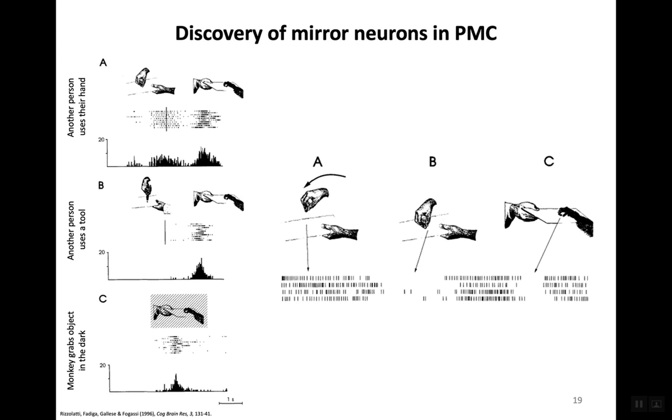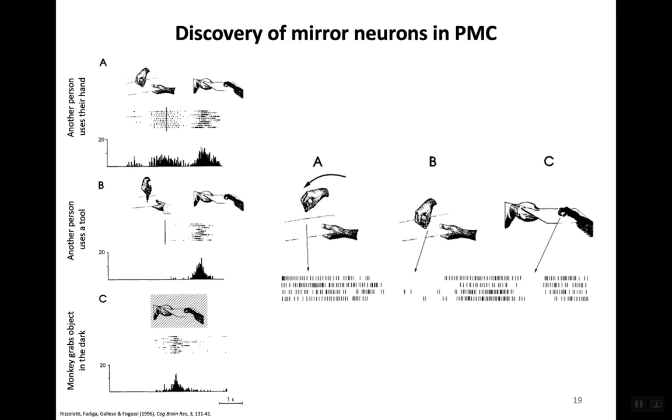And the same behavior is observed when it is the monkey that picks up that raisin. However, if a different type of action, let's say dropping off a piece of food on the tray, is observed, then the neuron does not exhibit that kind of inhibition of firing rate. So what does this suggest?